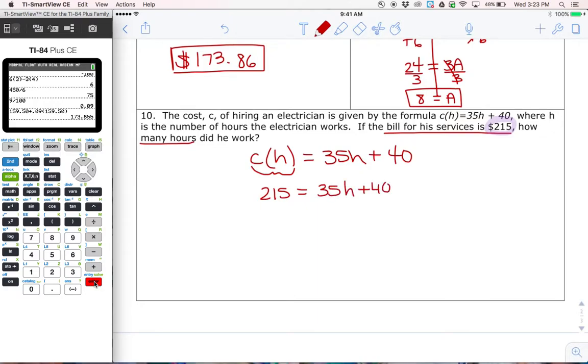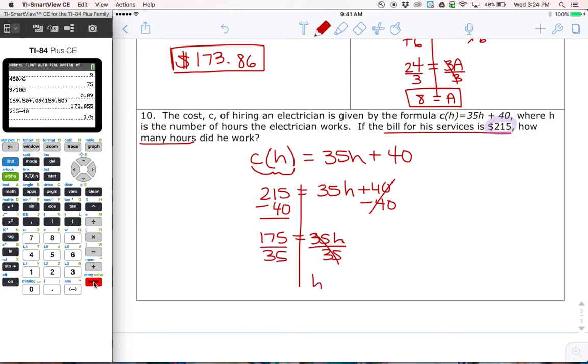Okay, so the first thing I'm going to do is subtract 40 from both sides. All right, 215 minus 40 is, let's see here, 175. So 175 is equal to 35H. And to get rid of the 35, we're going to divide.